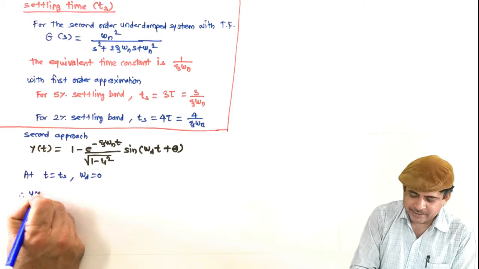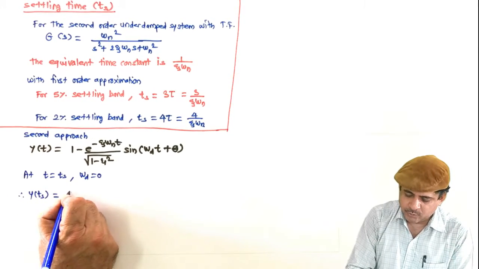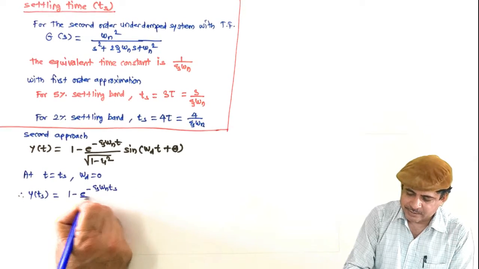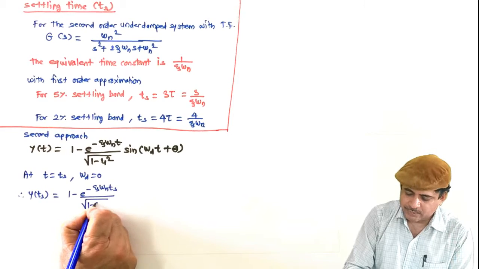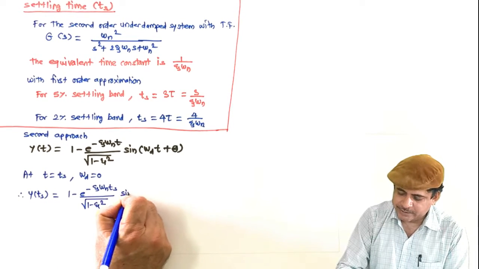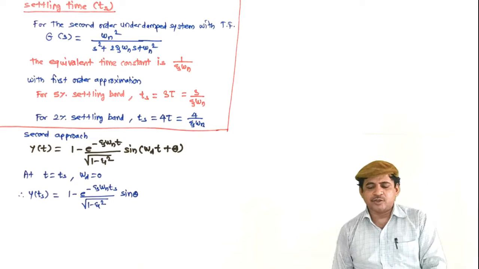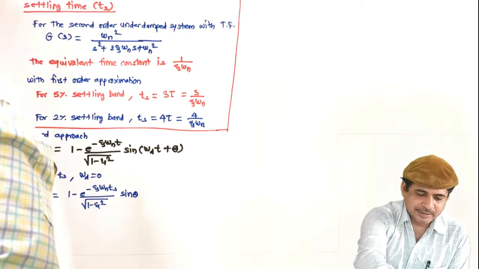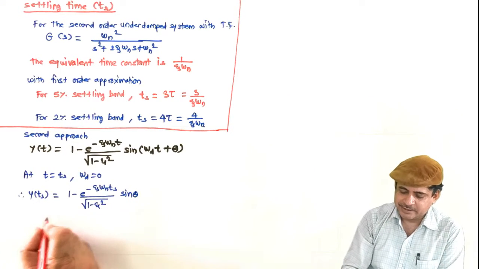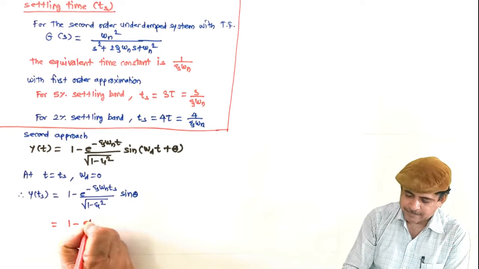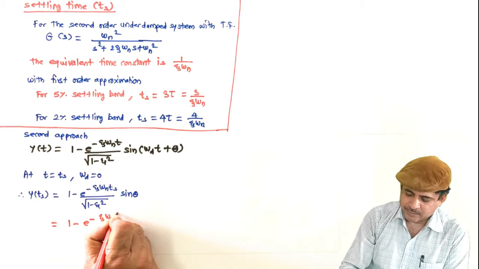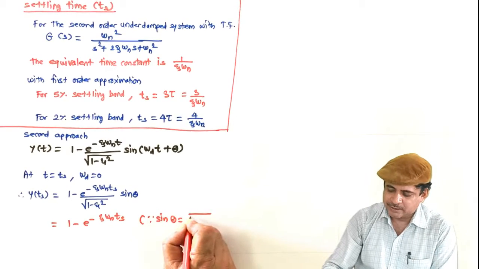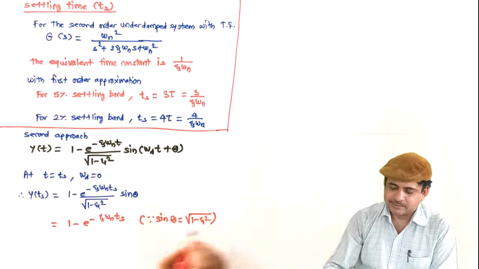So y(Ts) is equal to 1 minus e raised to minus zeta omega n Ts upon under root 1 minus zeta square into sin theta, because this omega d is 0, and again this sin theta and the root term get cancelled, as we have just seen that sin theta is equal to under root 1 minus zeta square.